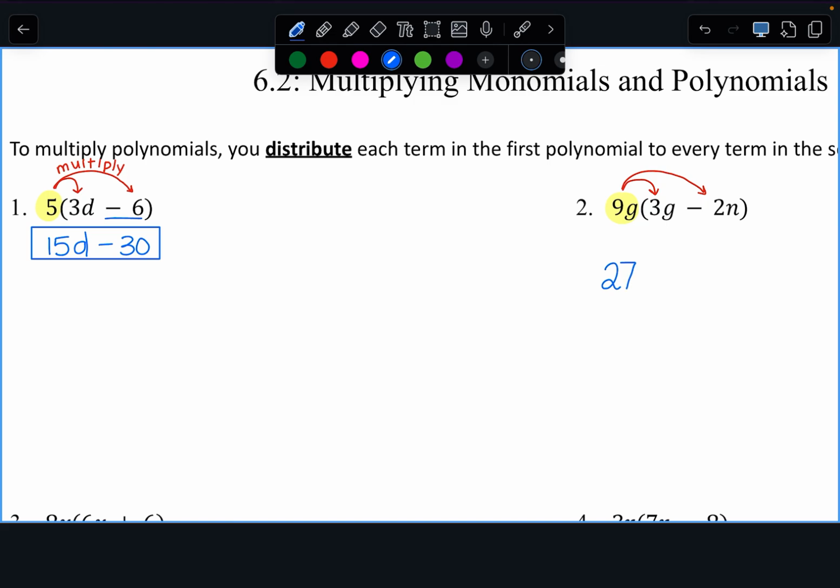And G times G means G to the second because there's 2 of them. And then 9G times negative 2N. 9 times negative 2 is negative 18. G times N, you can't really combine together, so they just go next to one another. And that is our final answer.